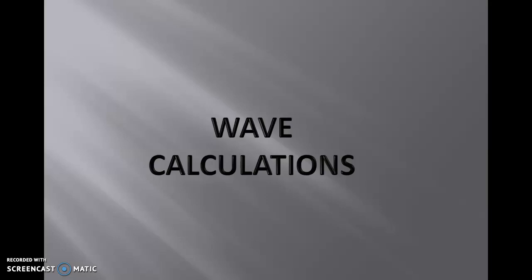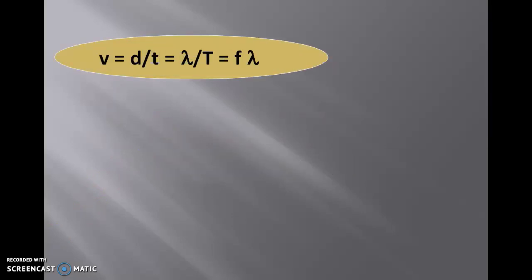Okay, so today we are going to be looking at the calculations. Like I said, the speed of the wave is given by this formula, distance over time, which is equal to wavelength, that is distance for one cycle, all over period, that is time for one cycle.